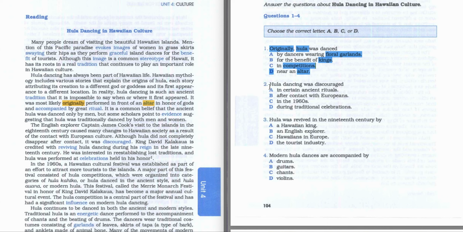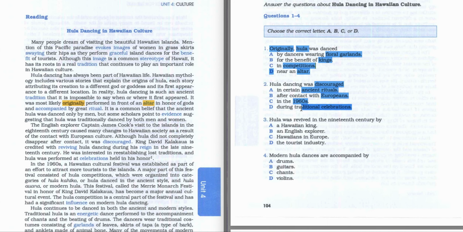Second question: hula dancing was discouraged. So the keyword is discouraged. Let's read the options. A. In certain ancient rituals. So ancient rituals. B. After contact with Europeans. C. In the 1916s. Let's highlight the year. D. During traditional celebrations.